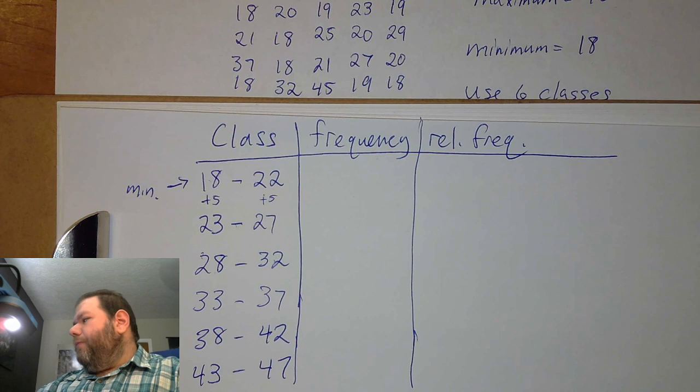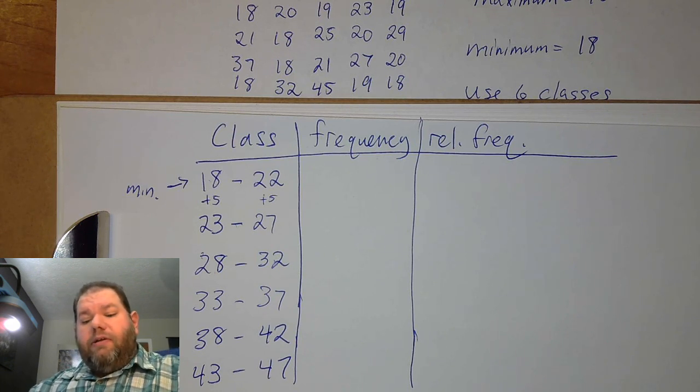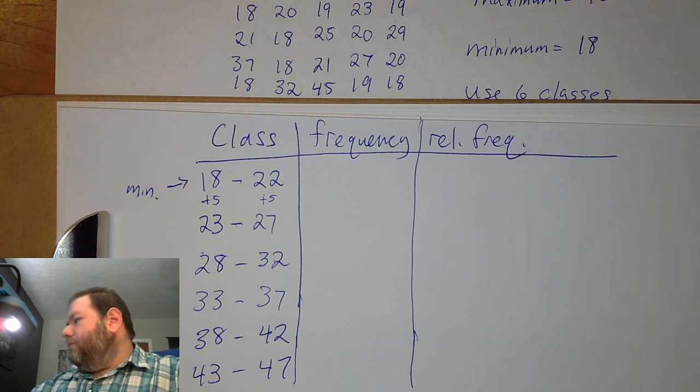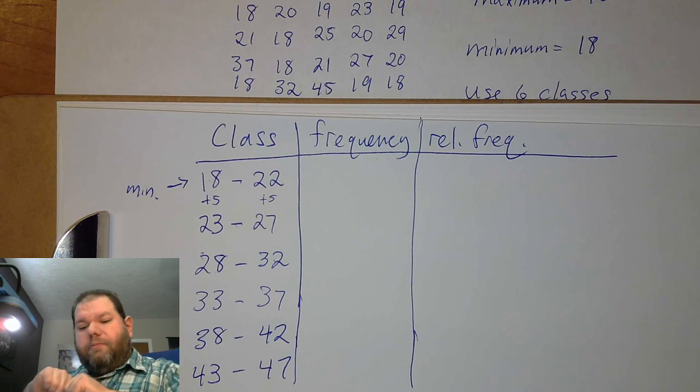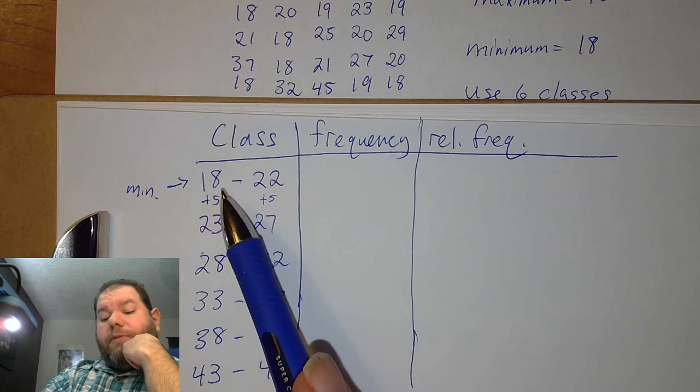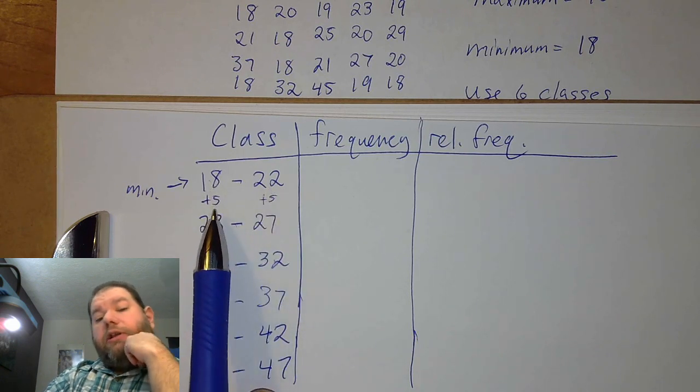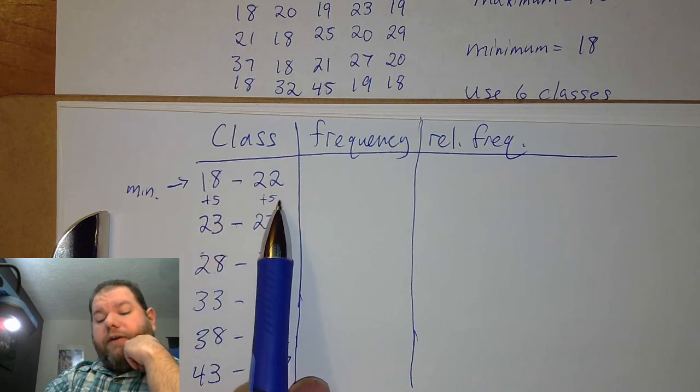Okay. Are there any questions on how we created those classes? All right. So we start at the minimum value. We utilize the fact that our class width is 5.